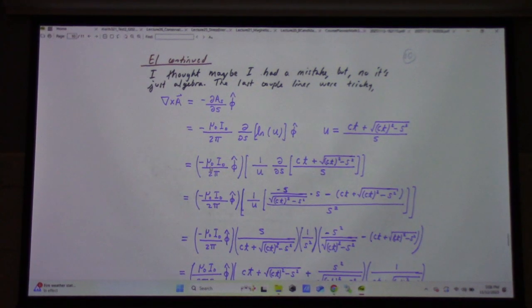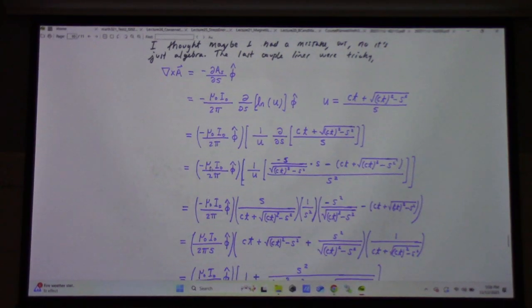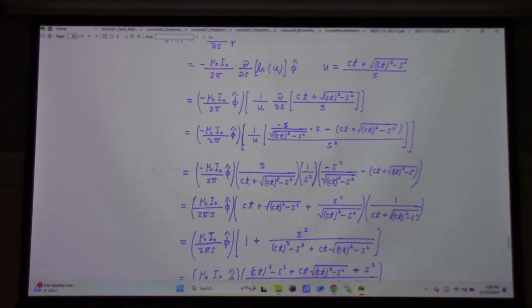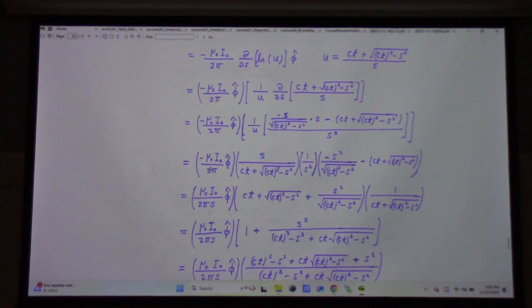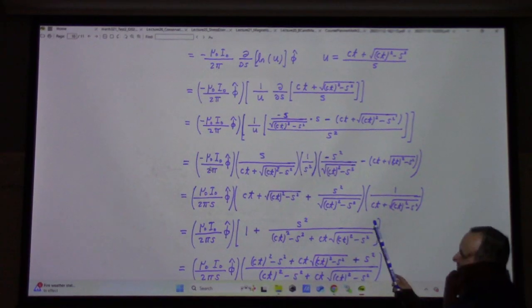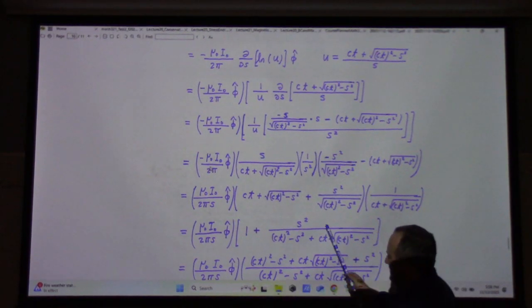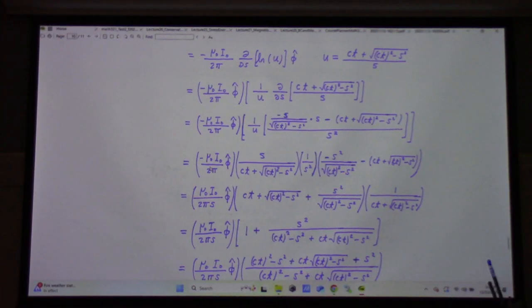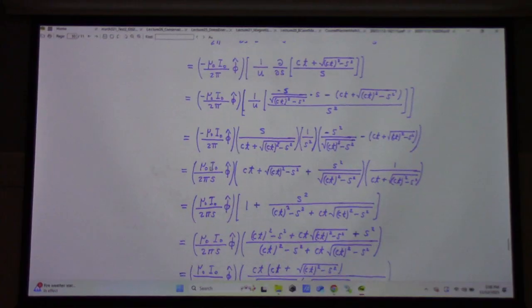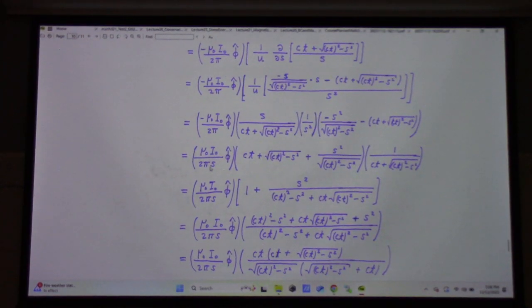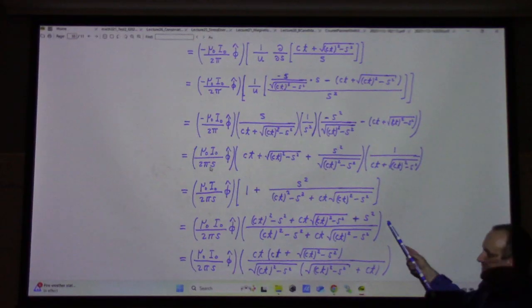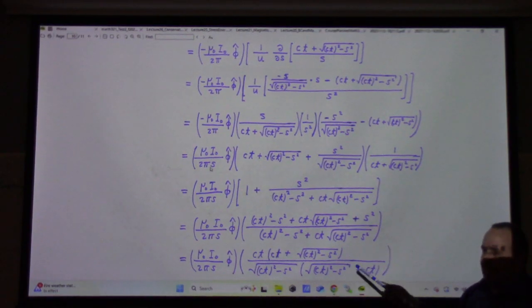Anyway, it's correct. I'm pretty sure, or at least I've made an even number of errors. So all right, great. Then after a bit, I got to this, and then I made a common denominator. And then at the end of this, all of a sudden it hits me, I'm right back where I got to the last way, because this actually is where I got to on the previous page.